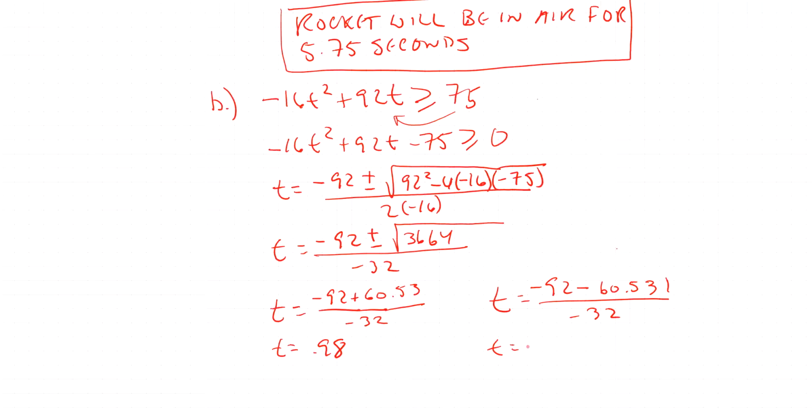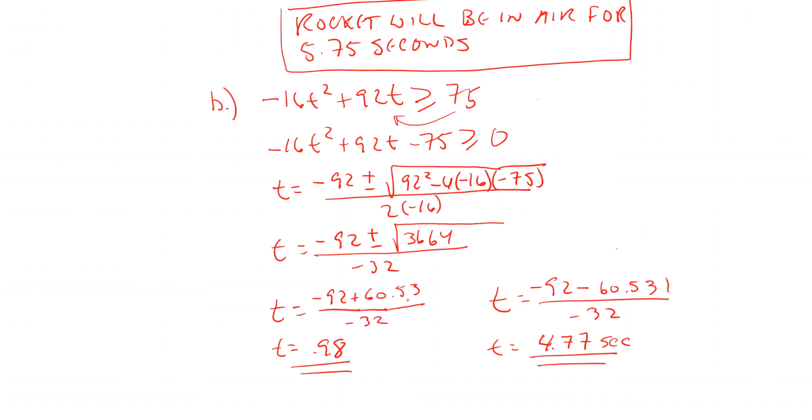Negative 92 minus 60.531, and then divide by negative 32, and so you get 4.77 roughly, seconds.